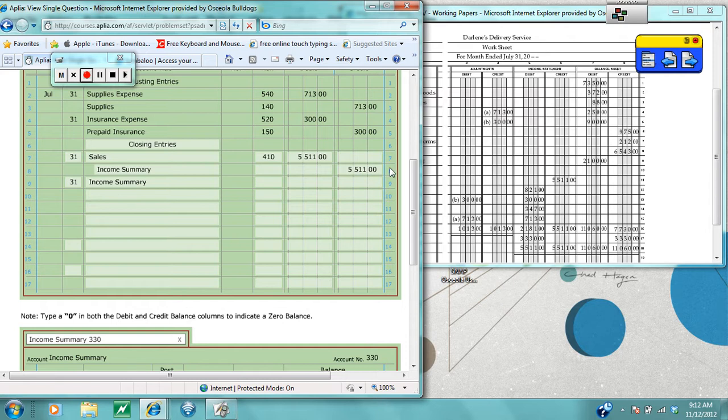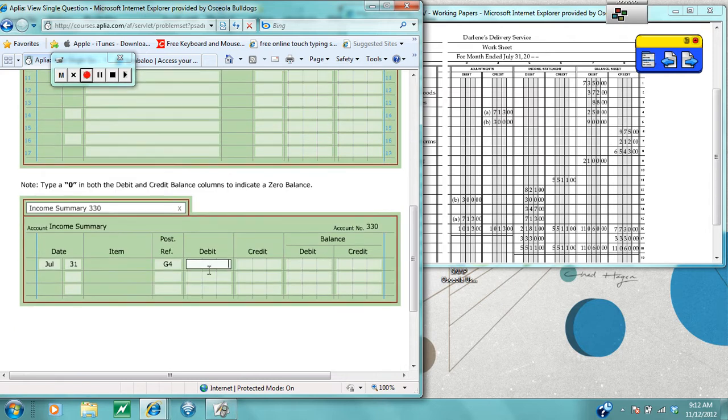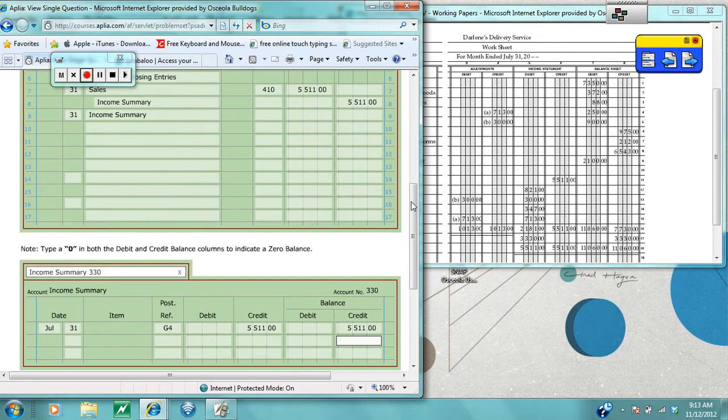See that credit? Income summary is credited. I'm bringing it down. A credit of $5,511. And now it has a credit balance of $511. It could have a negative balance in the end, so not negative, but to show the net loss.